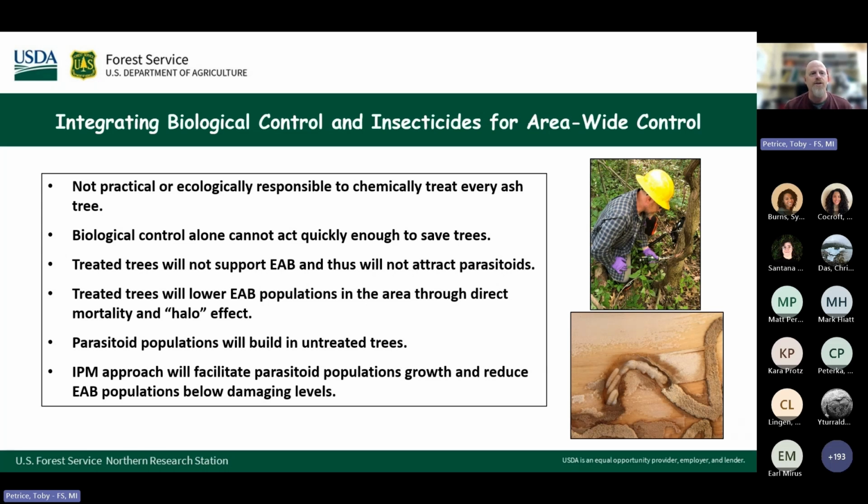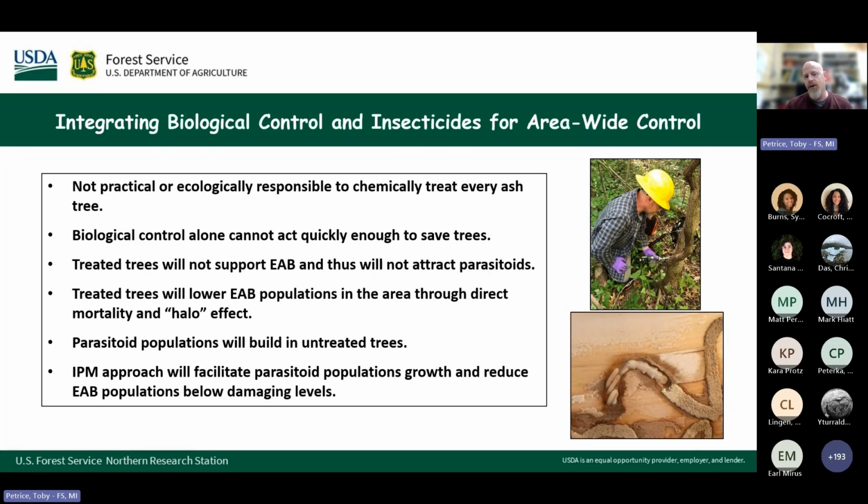So the strategy behind this is that the treated trees, especially if they're treated with emamectin benzoate, that very effective product, will not attract the parasitoids because they're not going to have larvae in them, and this is going to concentrate the parasitoids on the non-treated trees.